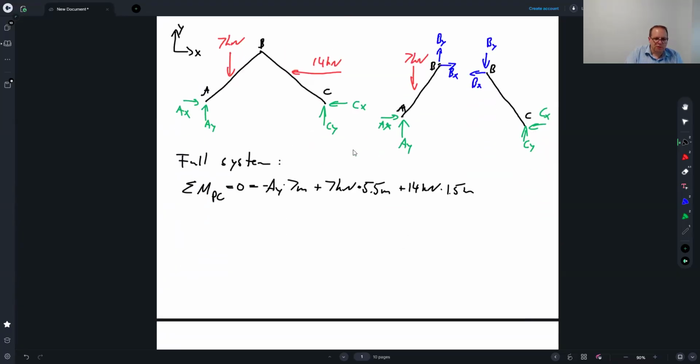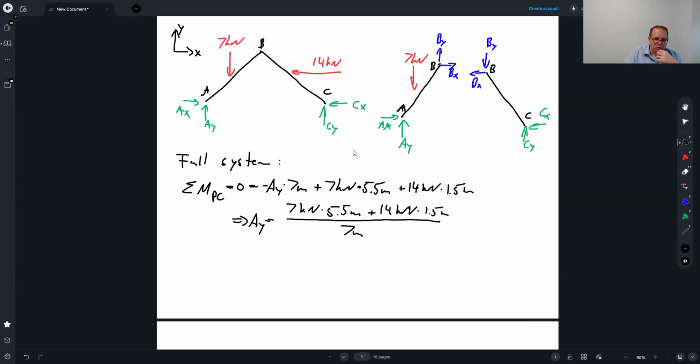So I can solve that for AY. This was negative, so the signs all stay the same. I have 7 kilonewtons times 5.5 meters, plus 14 kilonewtons times 1.5 meters, all divided by the 7 meters from over there.